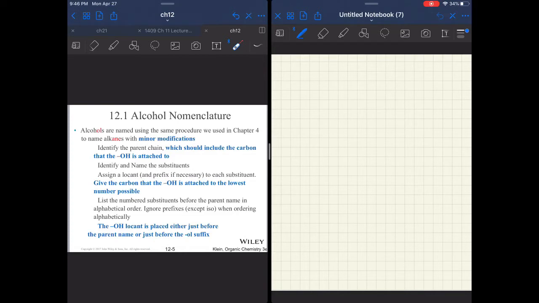Now, you're going to see the same rules for nomenclature here that you've seen in the past, and that's going to be find the parent, give the numbers, name the substituents, and then organize, right? The main thing here is alcohol is going to be the highest priority functional group that you have learned so far.